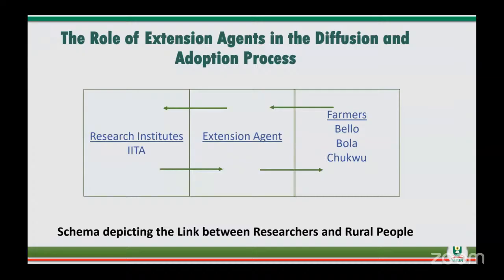Then you also see that the arrow takes information from where the information is domiciled through the agent to the farmer, meaning the agent takes the problem to the institute where the investigation is done, and then takes the solution for that farmer or the cooperative back to the farmer, and that is the role of the extension agent.